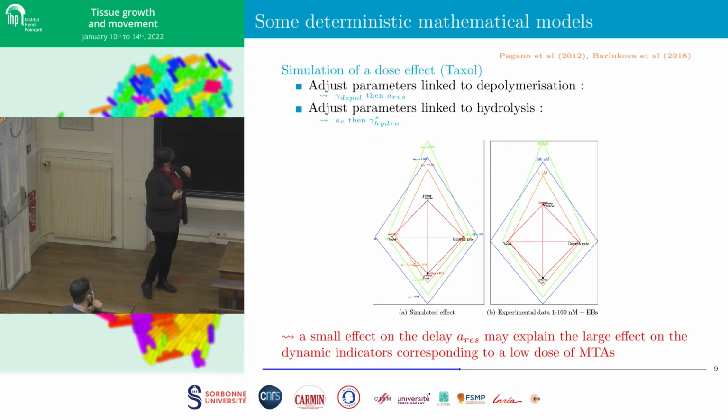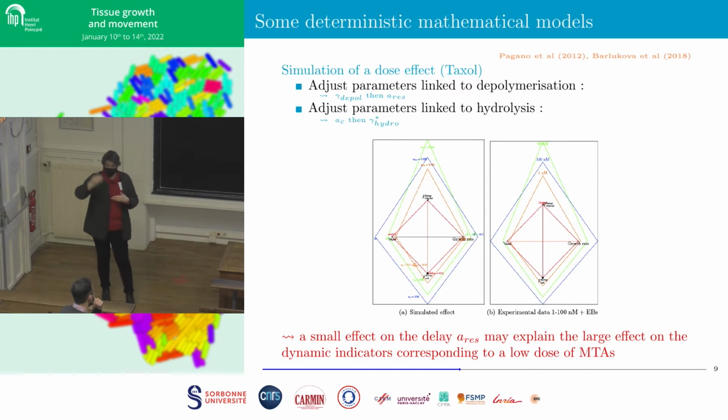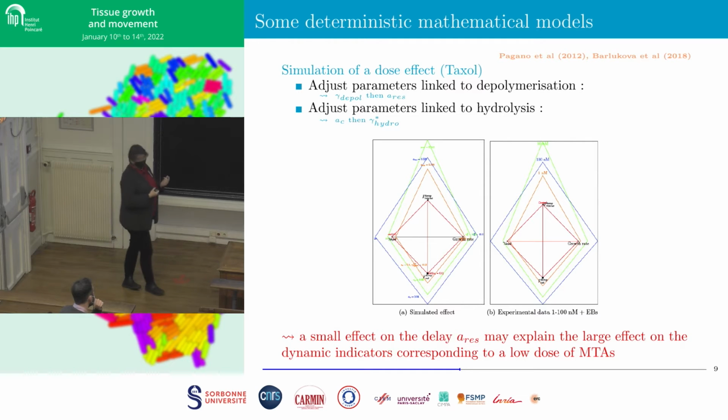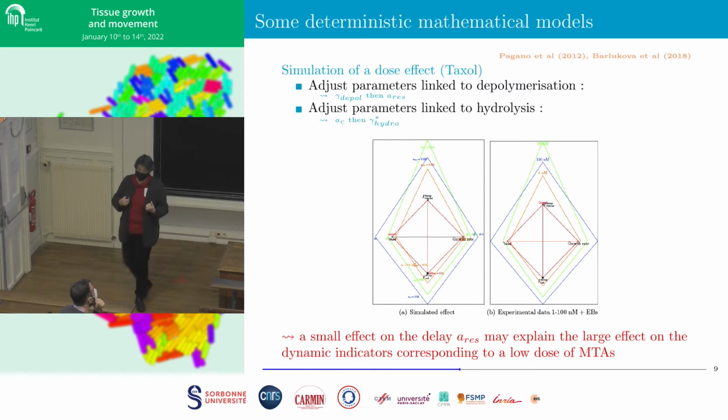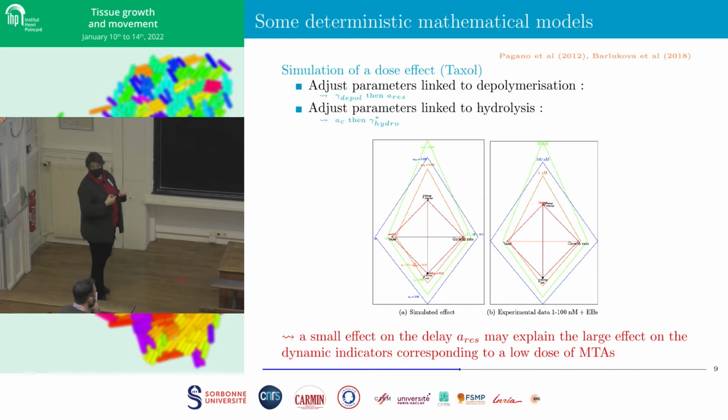And what you see is that this evolution is non-monotone with respect to the dose of drugs. And here, what you see is the effect that even for very low dose, 1 nanomole of drug, you see a big effect of the drug on the frequency of rescue, for example, but not only, also an effect on the frequency of catastrophe.